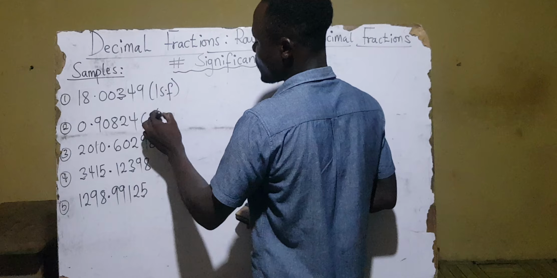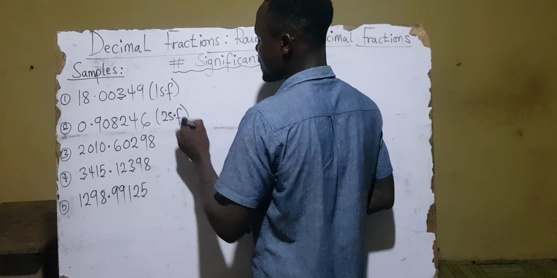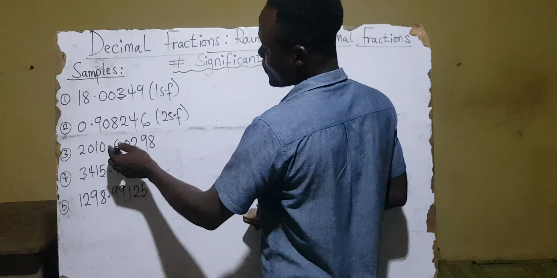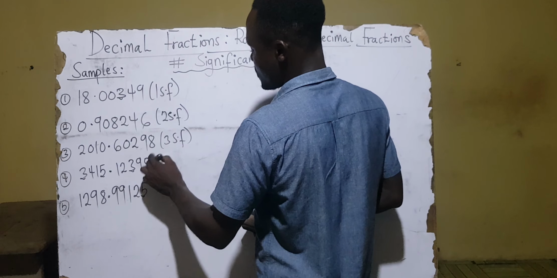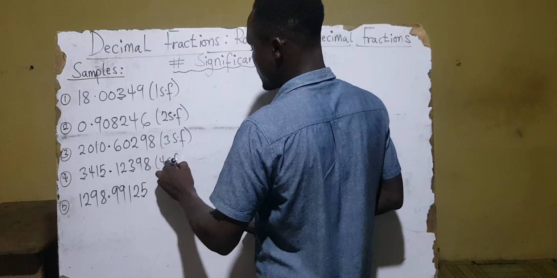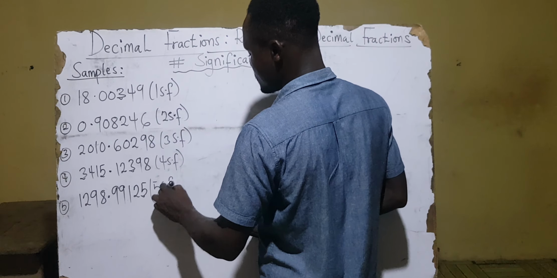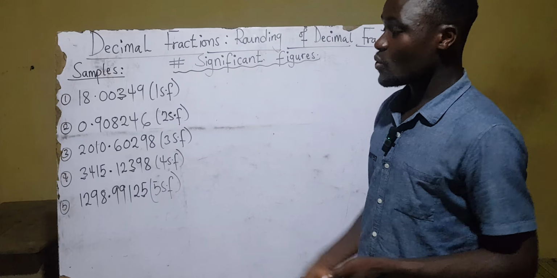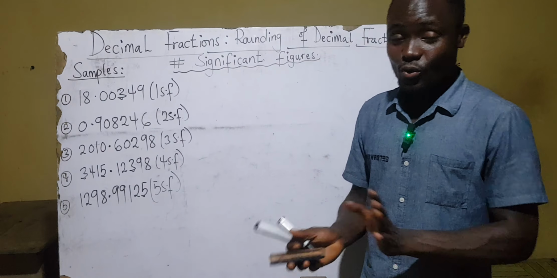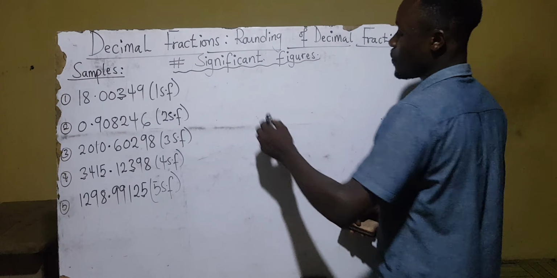And this one too, I was asked to round to 2 significant places. And over here too, I was asked to round to 3 significant places. Here to 4 significant places. And here 5 significant places. So we are going to take it one after the other. Then we will round it so that you also follow the trend. I believe you are clear with that. Very good. So let's start with question number 1.